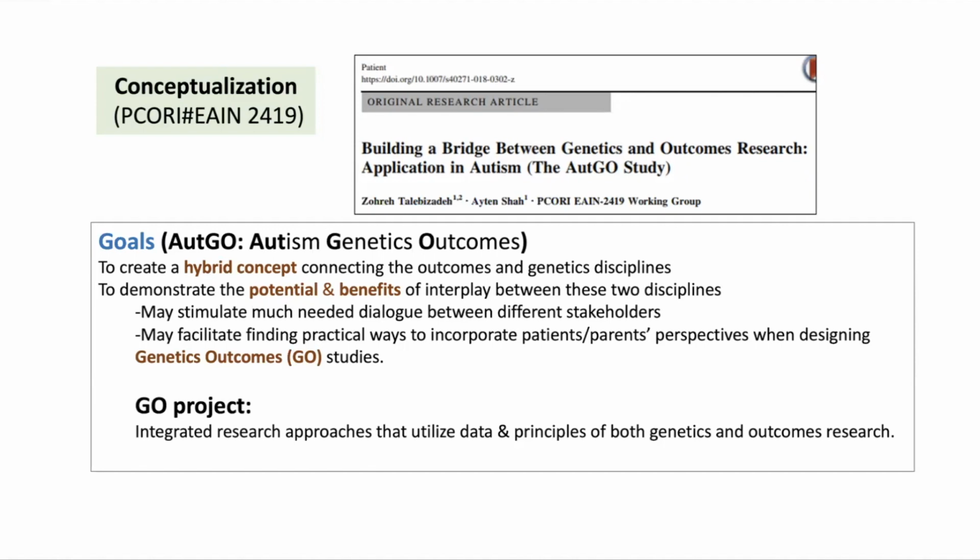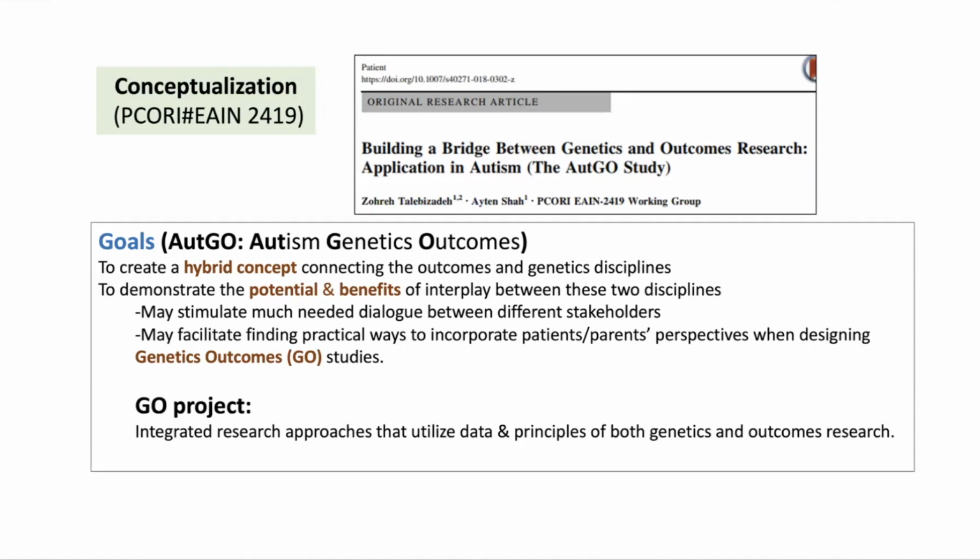Our goals were to stimulate interest among different stakeholders and identify practical ways to incorporate patient or parents' perspectives when designing genetics outcomes, or GeO, studies.